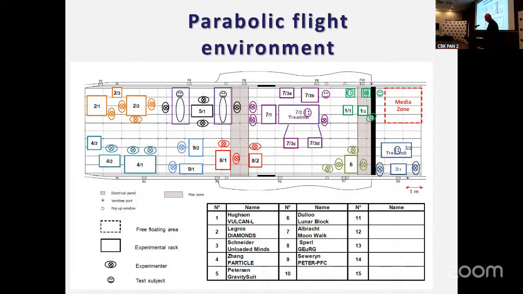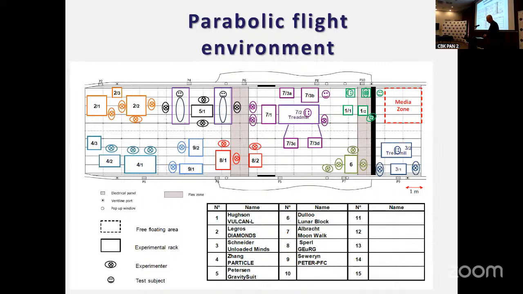Most of them were experiments related to medicine, with people as the subjects of the experiment. Three of them were related to regolith. For sure the last two were done for regolith. I'm not fully sure about the seventh one.